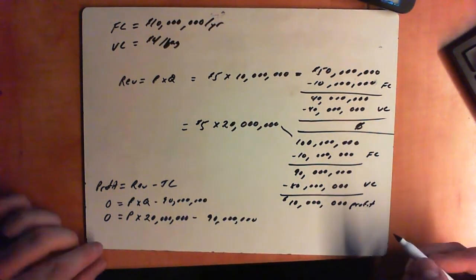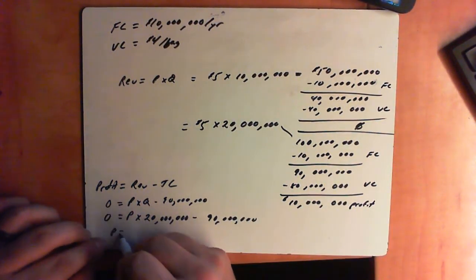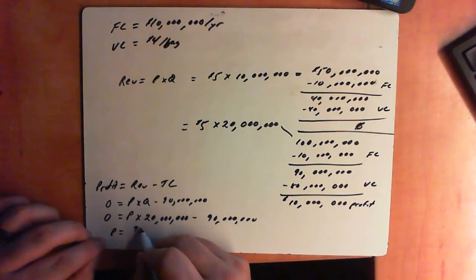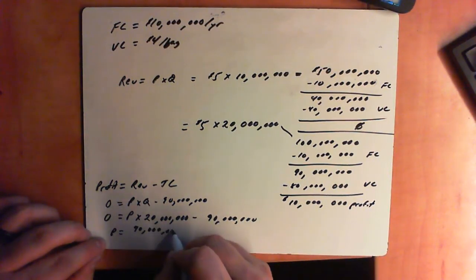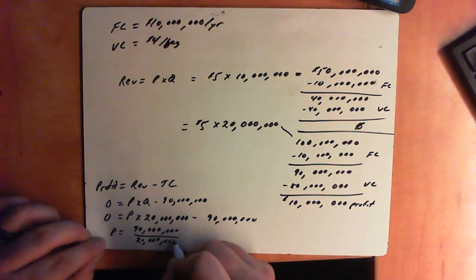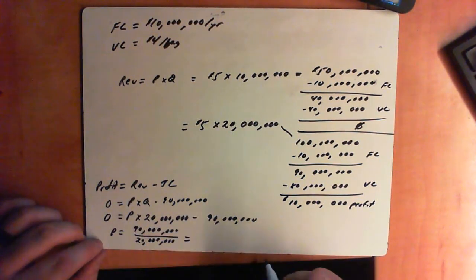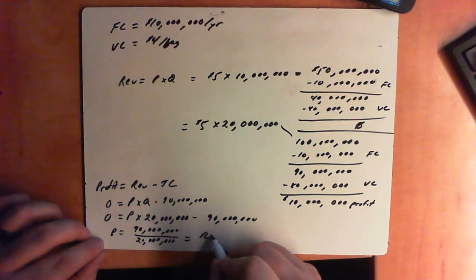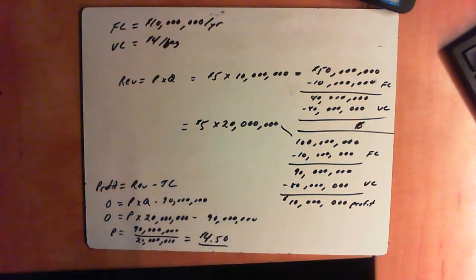Doing a bit of algebra, price is equal to $90 million divided by the 20 million in quantity, which gives us a price of $4.50. That is what they would charge, assuming that total cost includes a normal profit.